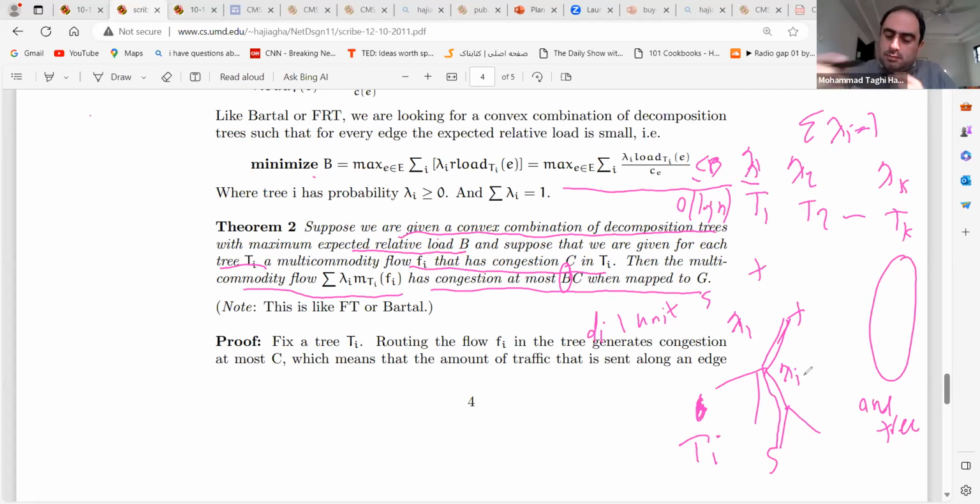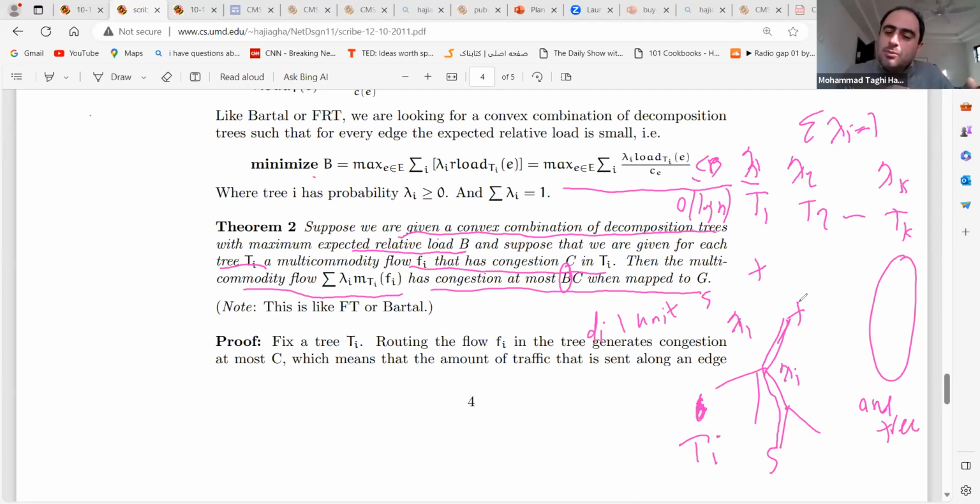And as I mentioned, because these are paths on the tree, to prove this, if you consider any multi-commodity flow on these trees and map it onto the graph, you will pay at most beta more congestion. You are doing exactly the same thing.